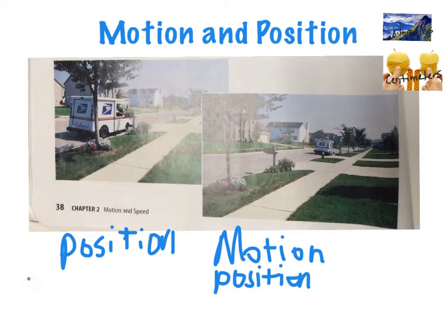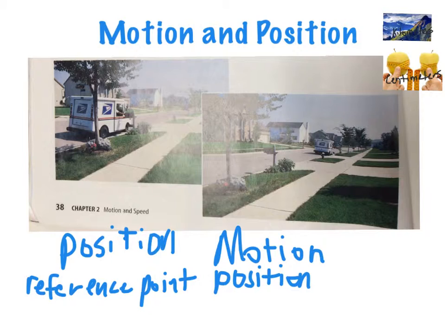And a reference point is something that lets you know that something has changed position, such as the mailbox in this picture. So the mailbox is basically letting us know that the mail truck has changed positions.